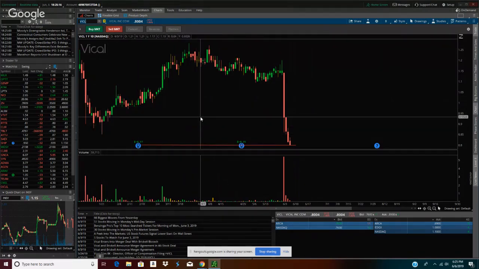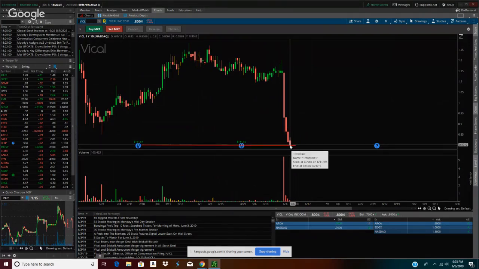So that's why we want to use the previous day's low as our stop, and that's why we want to make an entry 5 to 10 cents higher than the previous day's low.